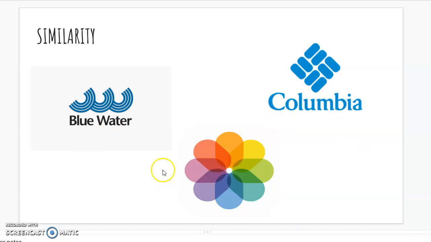It's pretty much where all of our photos, videos, all our memories are stored away. And pretty much what it is, it's a bunch of ovals, different colors, just moving at a 45-degree angle all around. And then we have the Blue Water logo. We have half circles. It kind of looks like a wave coming together.